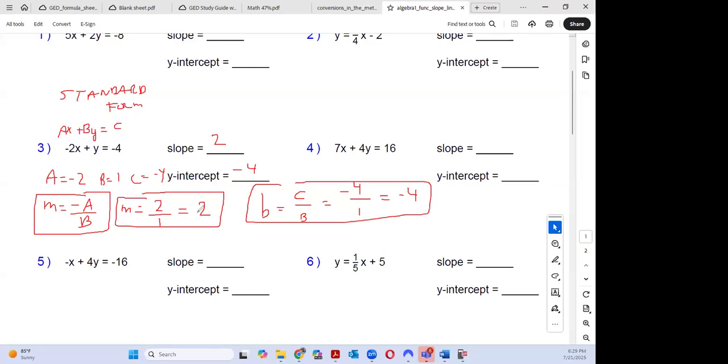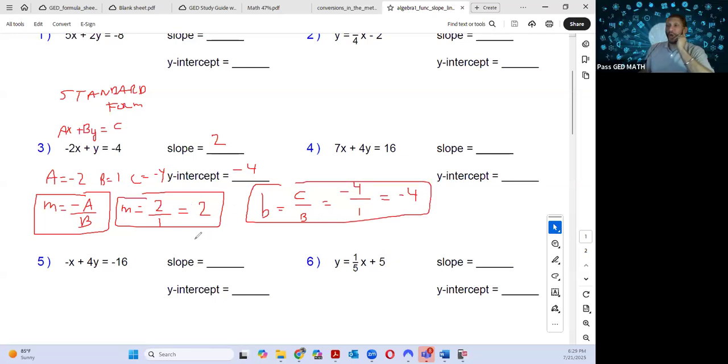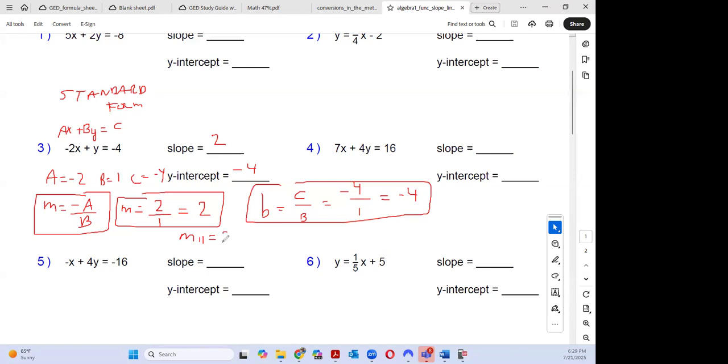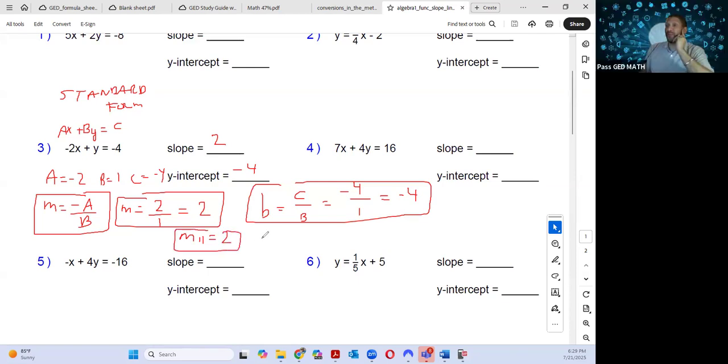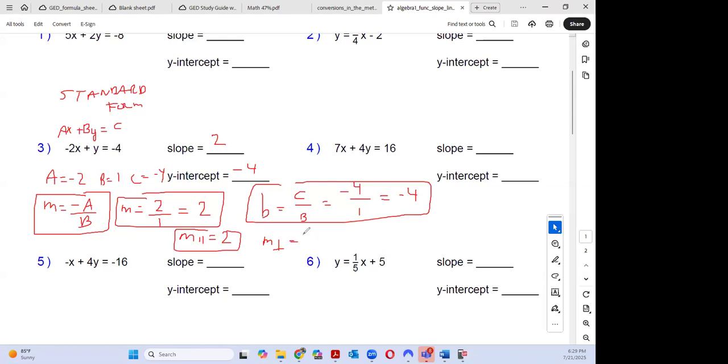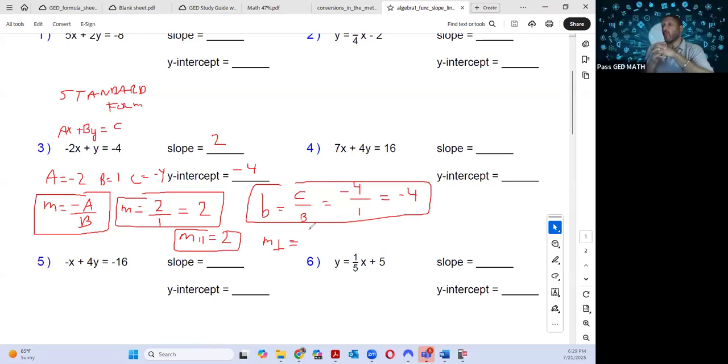So we know the slope is 2. We know the y-intercept is -4. What will be the slope of any line that's parallel to this line? 2. What will be the slope of any line that's perpendicular to this line? Nope.